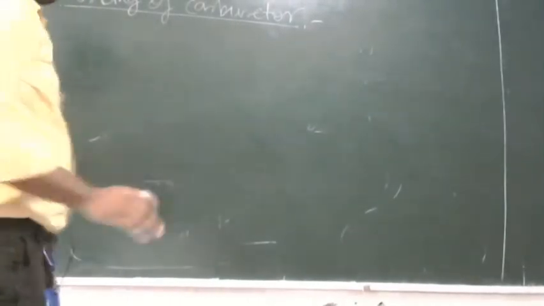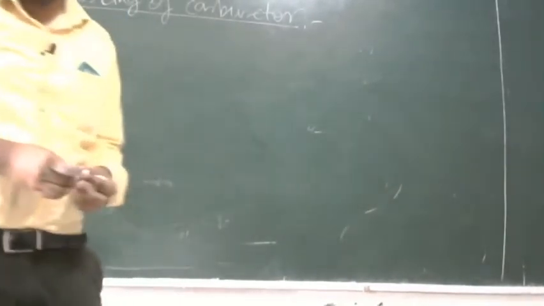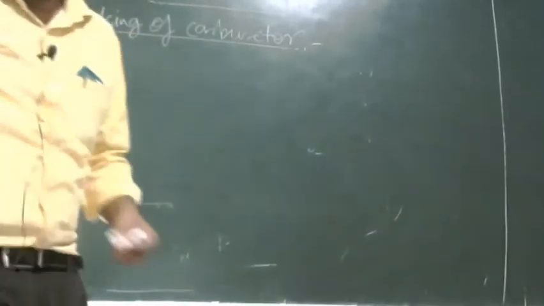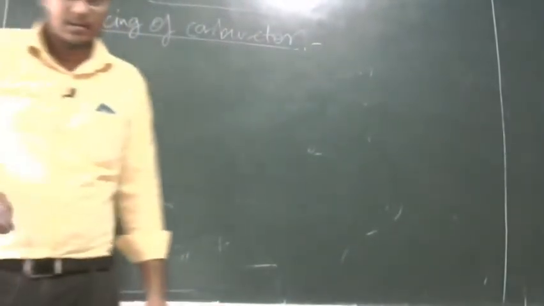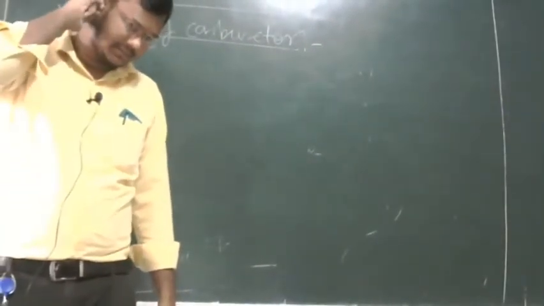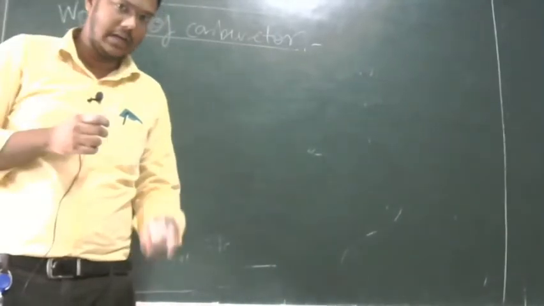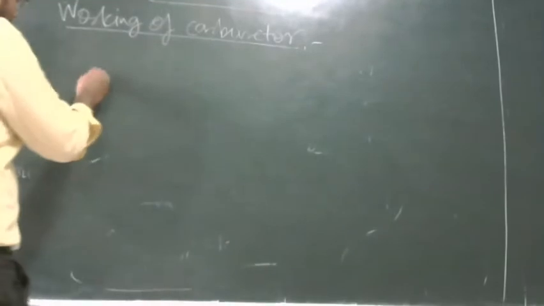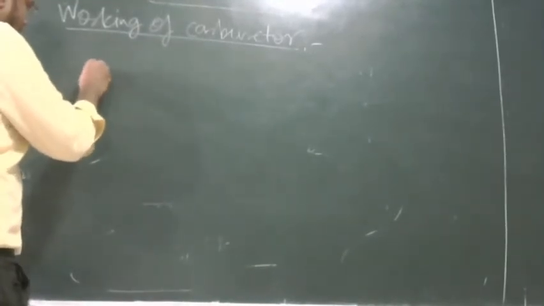the structure of carburetor. Carburetor has two units: the main unit and the floating chamber. Here this is the main unit.